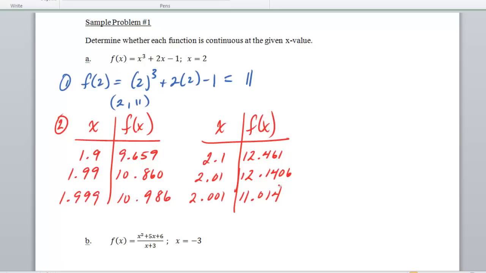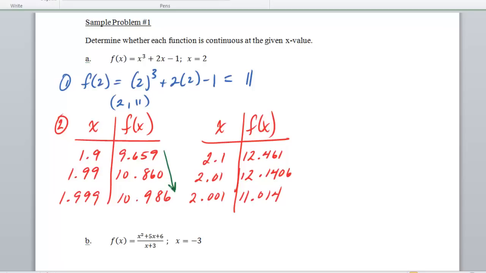Okay, and what we should see here is that once these tables are completed, the output values from both sets of tables, as we get from 1.9 to 1.99, closer and closer to 2, seem to approach 11 from this side.